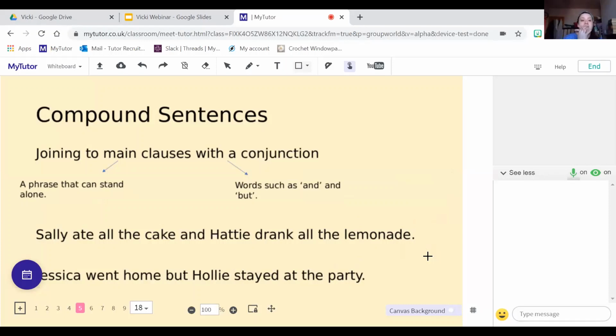We could just say Sally ate all the cake, full stop, Hattie drank all the lemonade, and those would be two simple sentences. The other one being Jessica went home. We could put a full stop there and then say Holly stayed at the party, and we could just remove the but. So that's how compound sentences work.